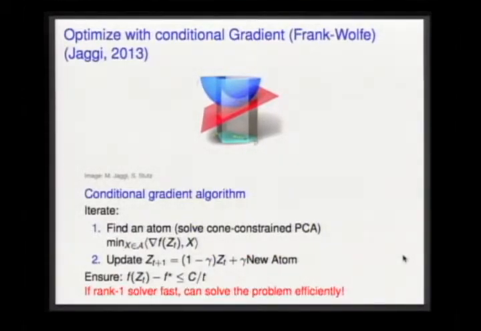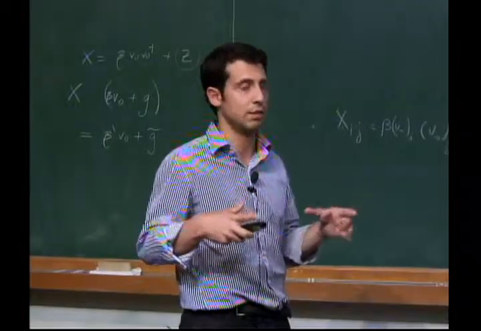So the algorithm is trying to minimize a smooth and convex function subject to the constraint that x should belong to a convex set, which is the convex hull of the set of atoms, scaled with a factor which is the value of the norm.